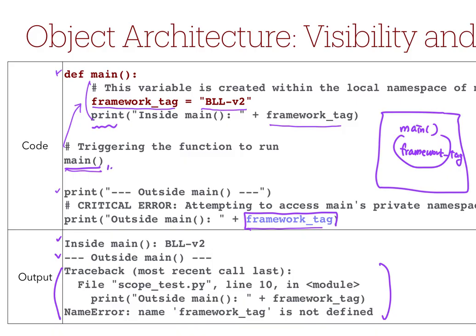Once you complete all the tasks defined in this main function, your Python code will erase everything. So once this main function is called and you execute this print line, all the variables defined inside the main function will be erased from the memory. So when you try to access that variable at some other point, we have a problem because that variable does not exist.